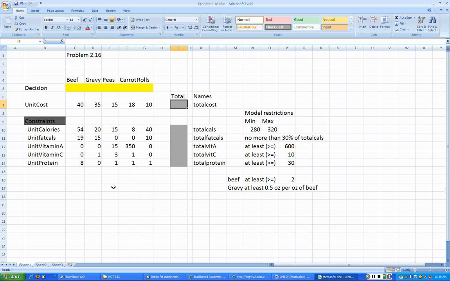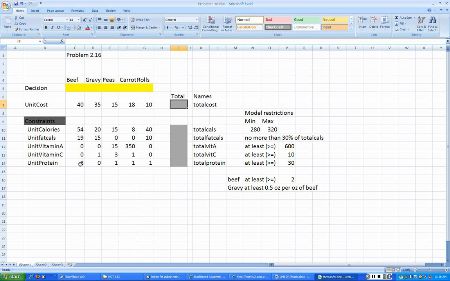I have laid it out. Again, the decision variables are how many ounces of beef, gravy, peas, carrots, and rolls to use, given that each ounce of beef contains 54 calories, 19 of which are from fat. It doesn't contain any vitamin A or C, but it contains 8 units of protein.